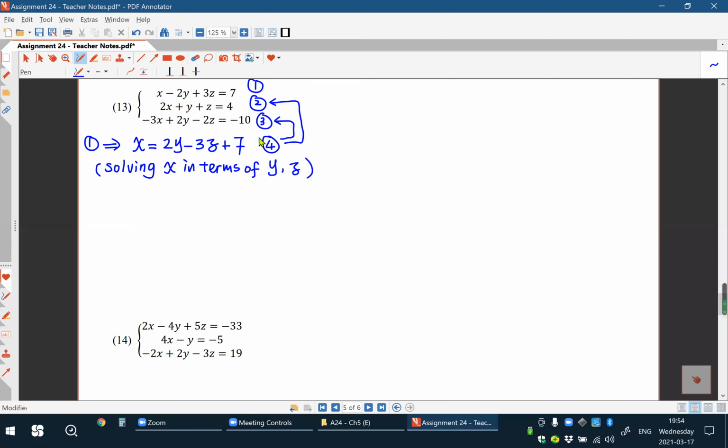If you put 4 into equation 2 and 3, you will eliminate x there. In this way, you will get 2 variable systems. So let's do this. Put 4 into 2.